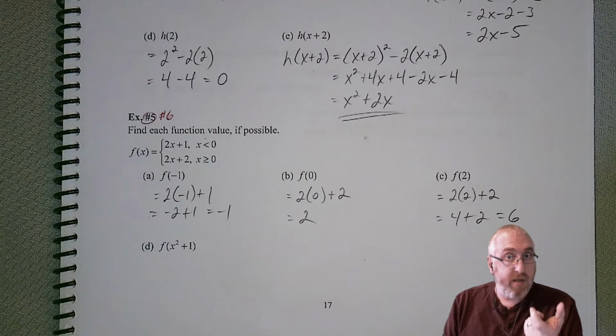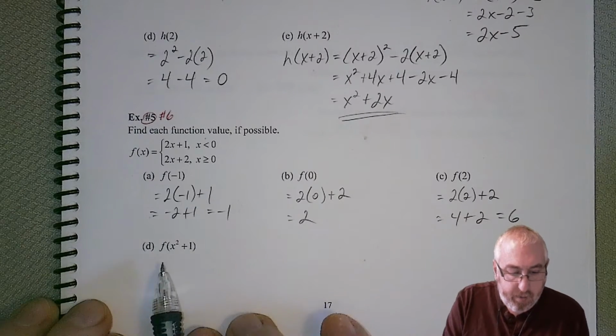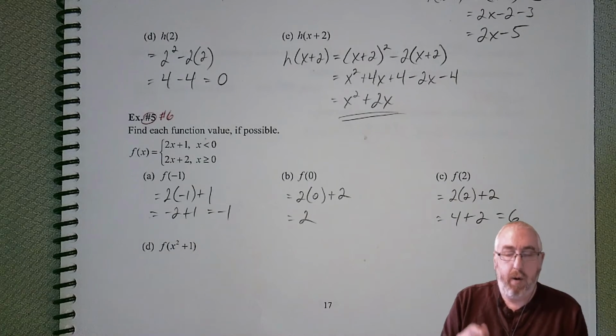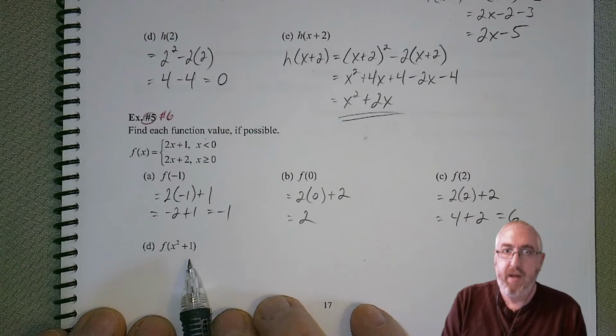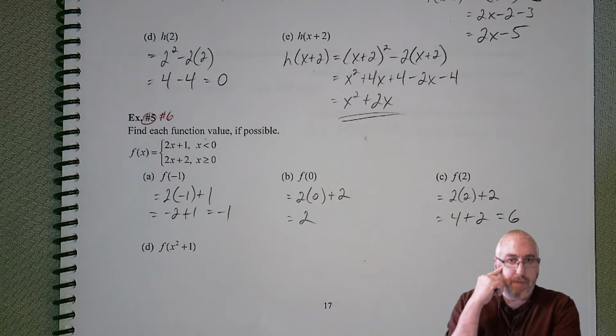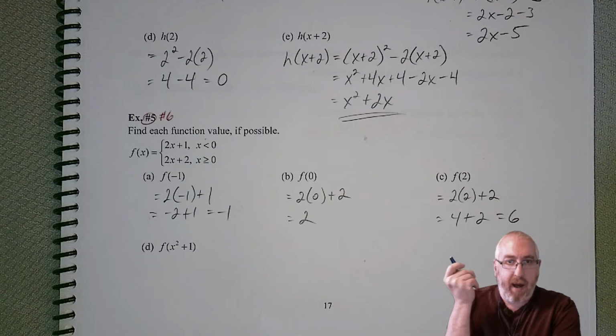It really depends on that input. What does that input tell you? X squared plus 1. What do we know about that? If you plugged in a value of x, what's that going to do to it?